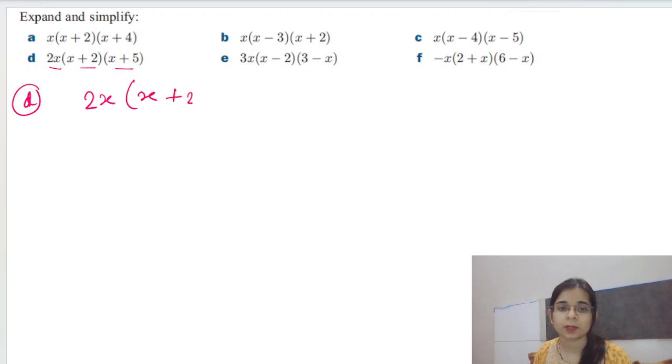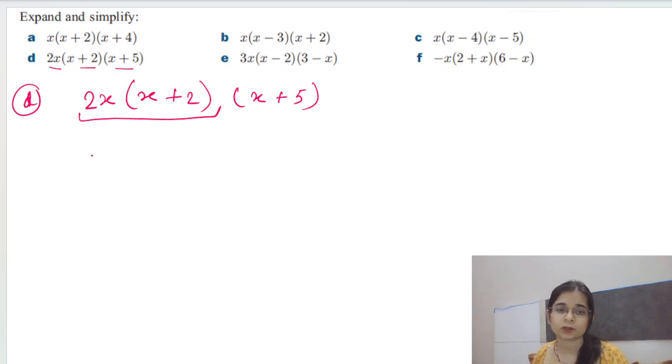2x, x plus 2 and x plus 5. Here we will first take these two brackets and solve using the distributive law. 2x square plus 4x.